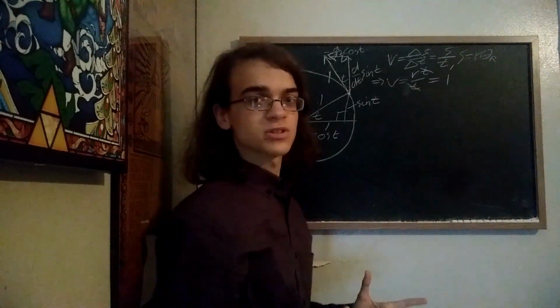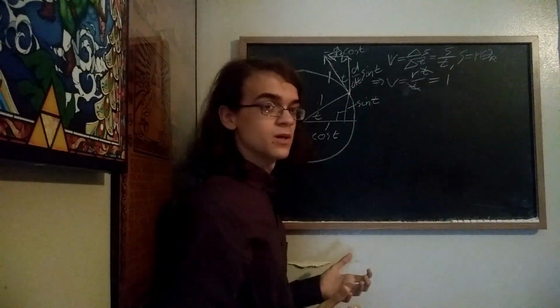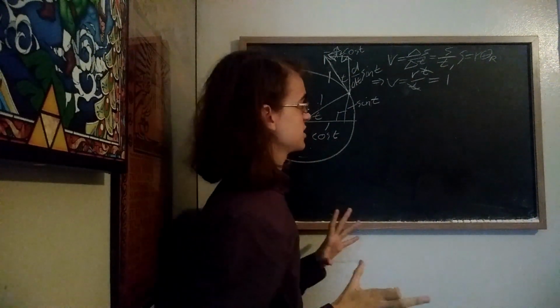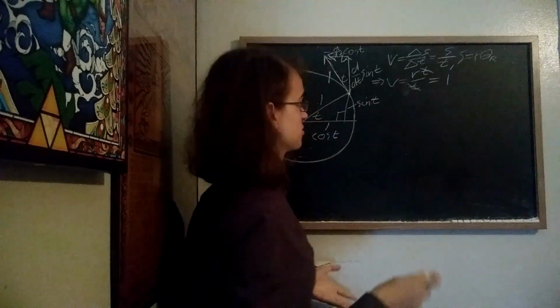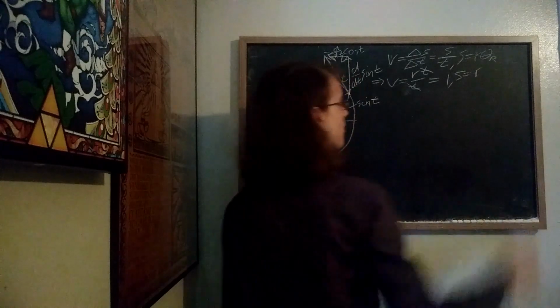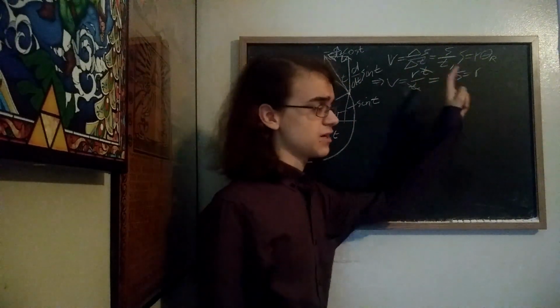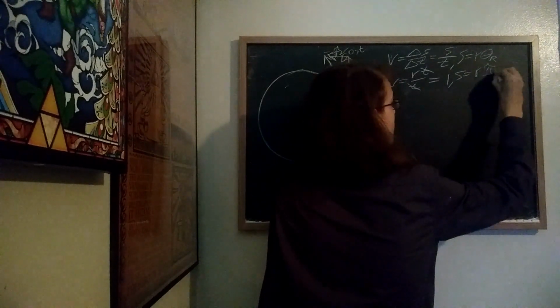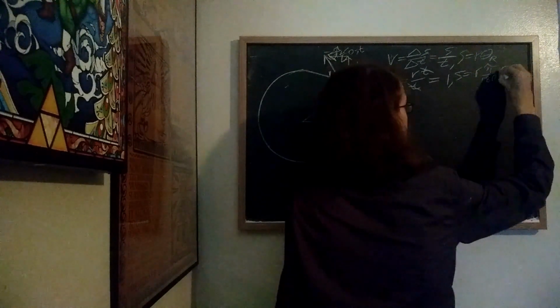So that begs the question, what if we use degrees? Now before we can use degrees, we need to express our sector in terms of angles in degrees instead of radians. That's not too hard. Remember, our angle in terms of radians was equal to pi over 180 times the angle in degrees.